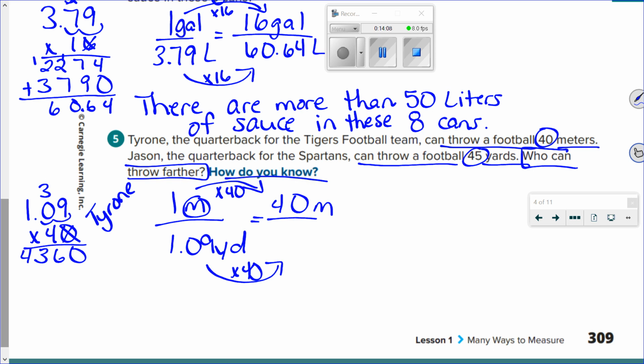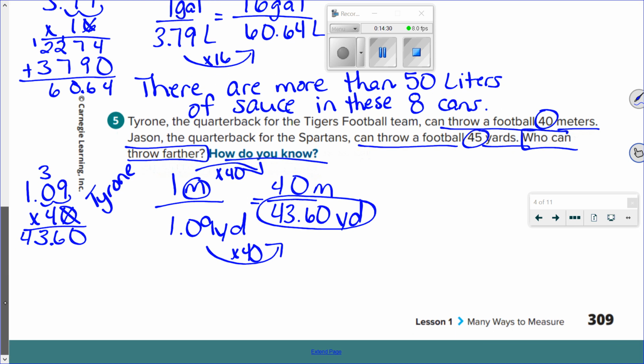There are 2 numbers after my decimal in my problem, so I should have 2 decimals in my answer. So I get 43 60/100 yards. So if Tyrone can throw 43 60/100 yards, and Jason throws 45 yards, who throws the farthest? Jason. Jason throws the farthest.